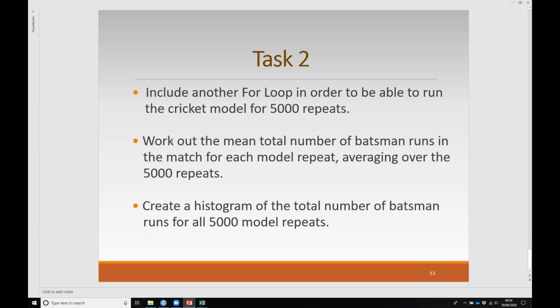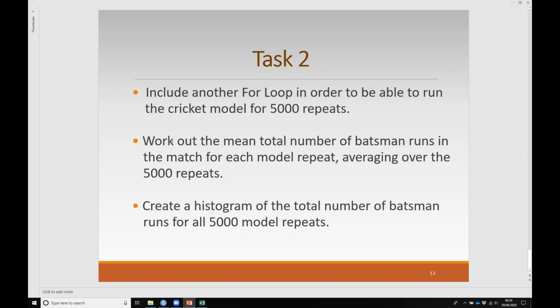There will be other things you need to think about as well, about things that are initialized. Maybe you might need to create another data frame to store things. So just some things for you to think about. And I'd like you to then calculate the mean total number of batsman runs in the match for each model repeat, averaging over the number of repeats.